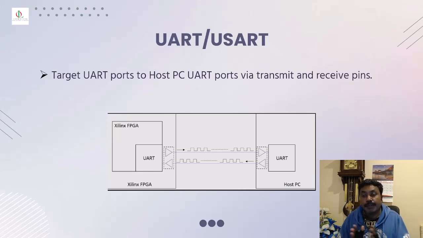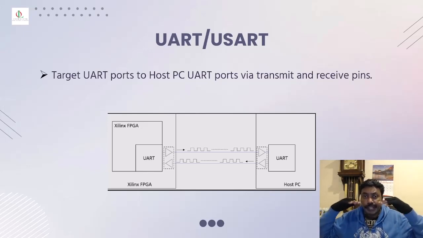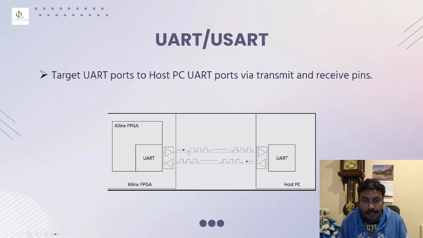And when we talk about communication transmission, the one main thing is you have to maintain those pins at the same speed. In other words, you have to maintain those two USART pins at the same baud rate. What is baud rate? As you all might know, baud rate is nothing but transferring bits per second, transferring data bits per second.